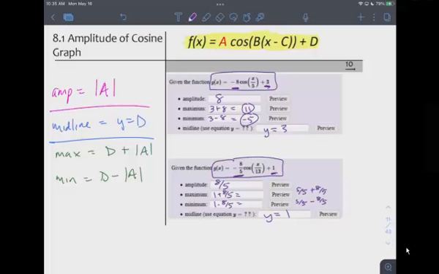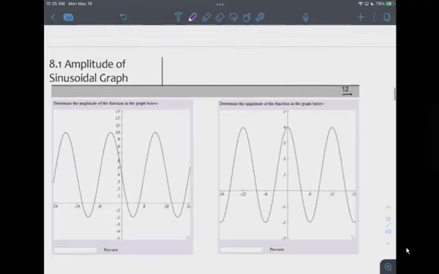Here we get 13/5 for a maximum and -3/5 for the minimum. All right, questions on finding those additional pieces of information regarding your graphs? This is the calculation way to find it. You might also find it visually.